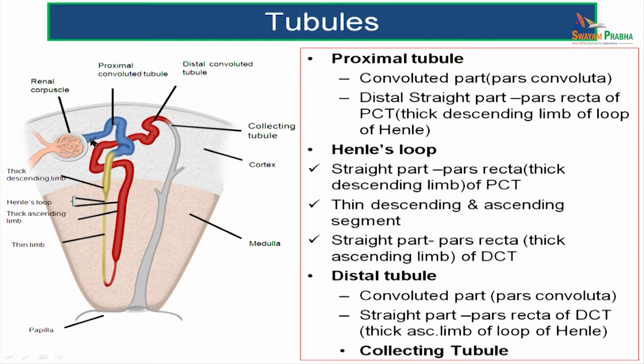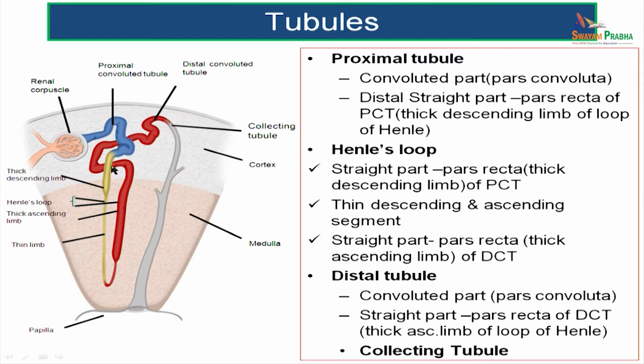Proximal tubule is solely seen in the cortex. It begins from the renal corpuscle. It has got a convoluted part which is in the cortex, called the pars convoluta.